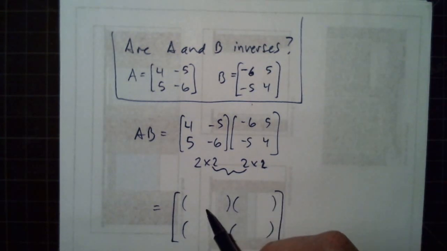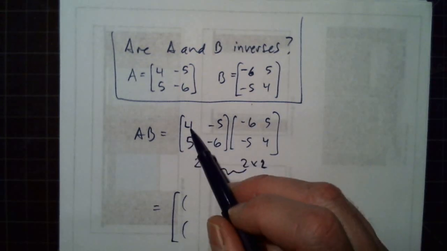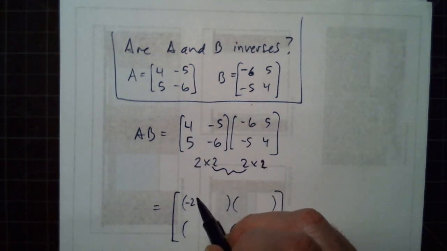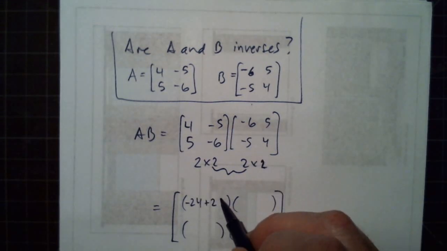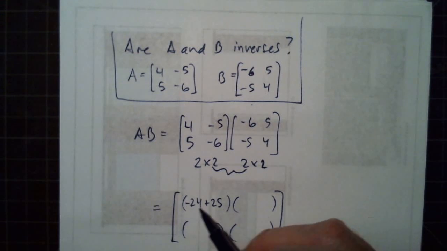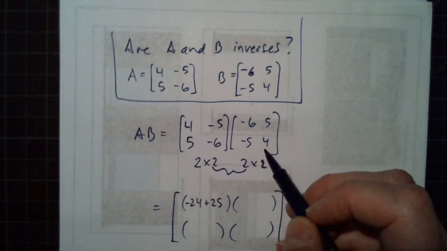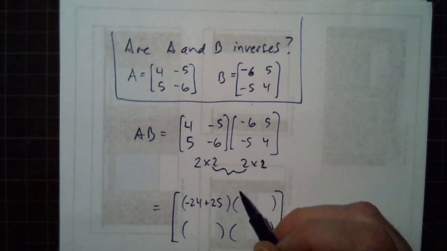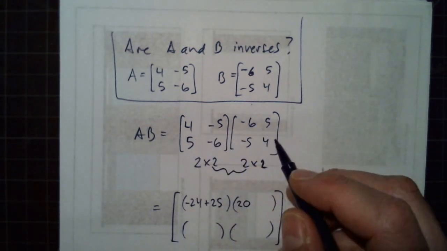This is row 1, column 1. So row 1 times column 1, 4 times negative 6, and negative 5 times negative 5. Here we have row 1, column 2, 4 times 5, negative 5 times 4.